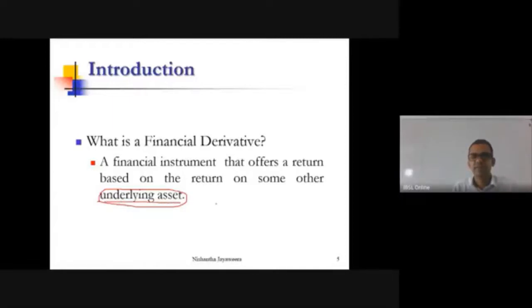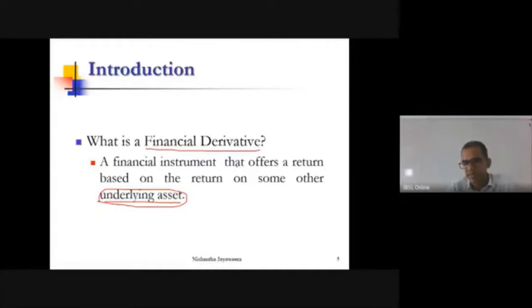Those are either financial instruments or commodities. All these together we call financial derivatives. Again, a derivative instrument is a financial product which gives you a return based on some other financial product.